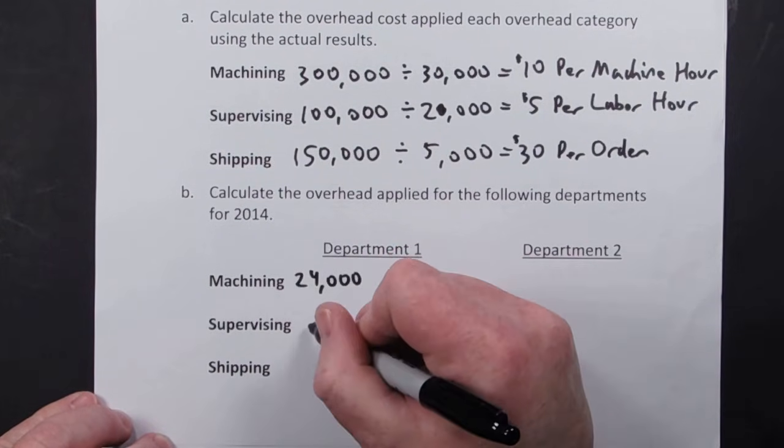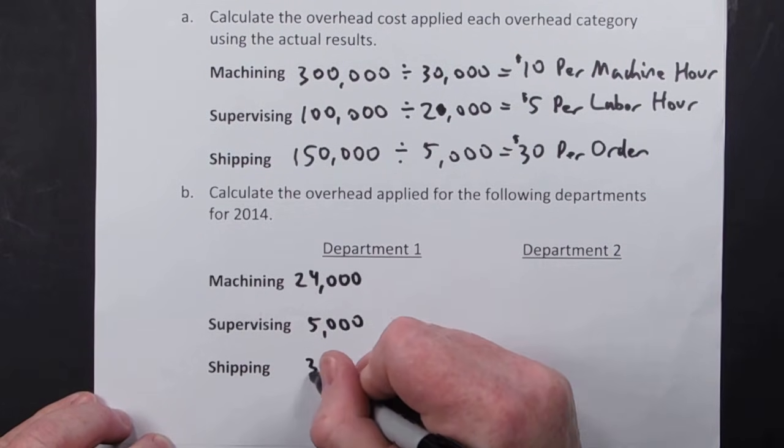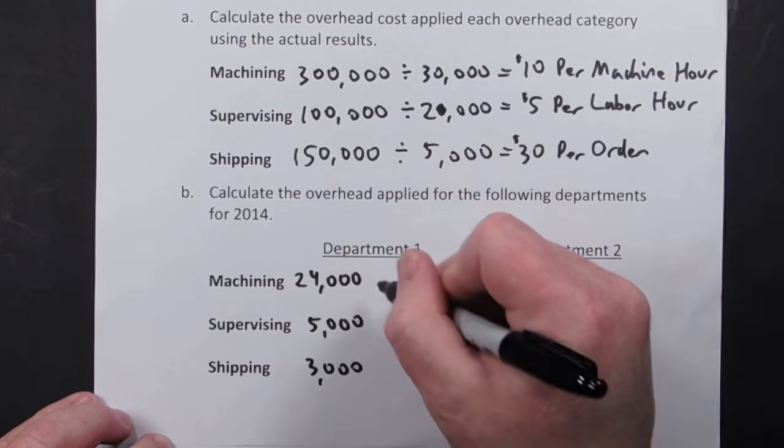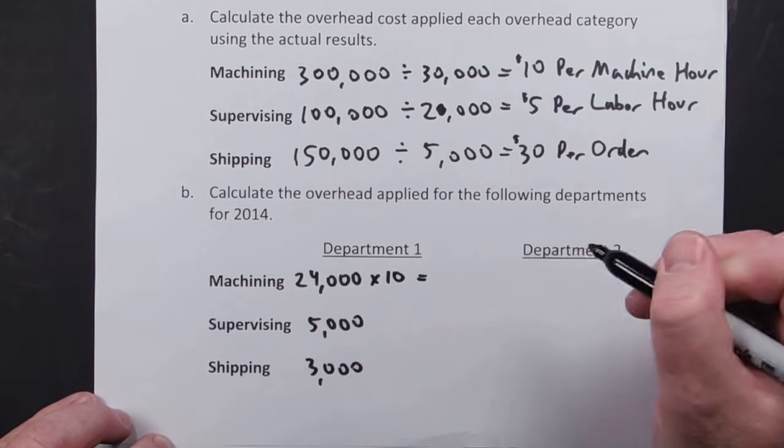So Department 1 had 24,000 machine hours, 5,000 labor hours, and 3,000 orders. Just multiply them out by the rates.